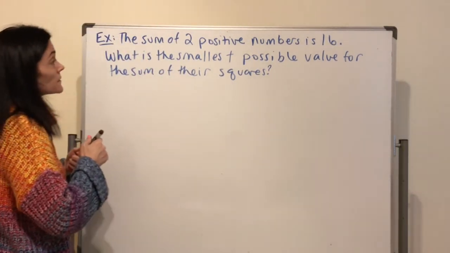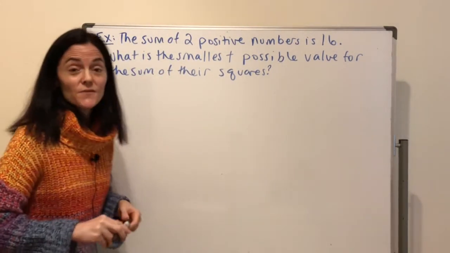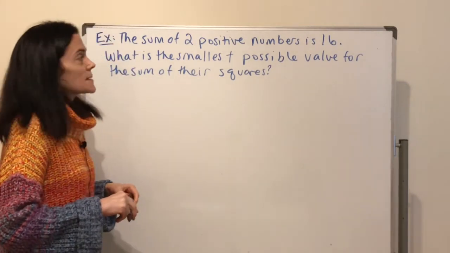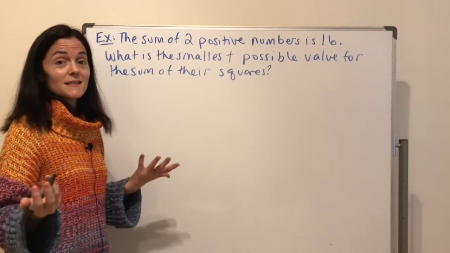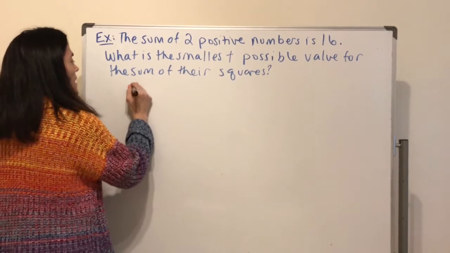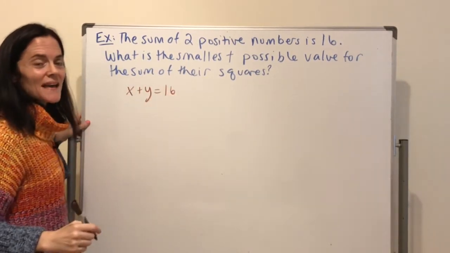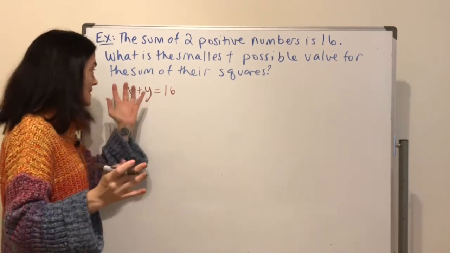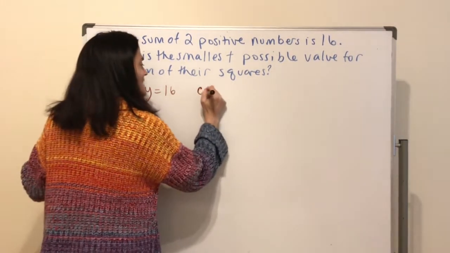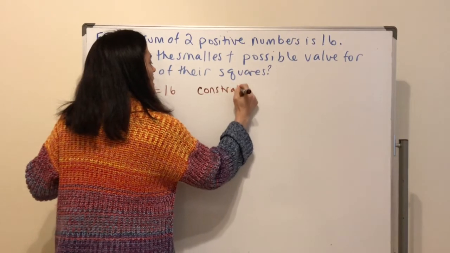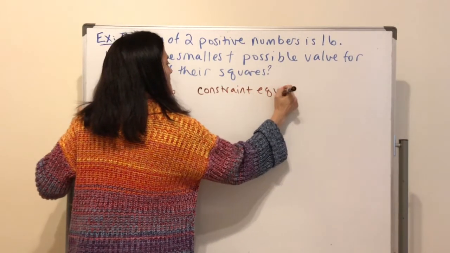So let's work on this here. What does the first sentence say? The sum of two positive numbers is 16. Well, if the positive numbers are x and y, this would say x plus y is 16. Now, this is an equation, and it is the constraint equation.